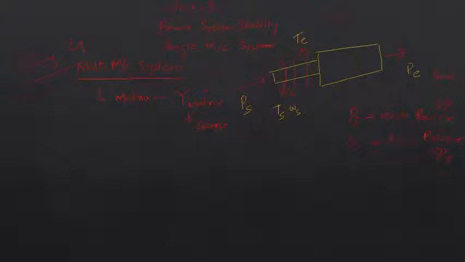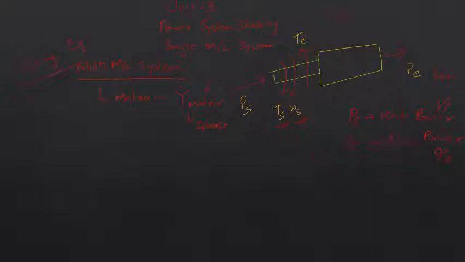Now this mechanical input develops a torque TS. As it is a generator, the omega s, or the speed of the rotor, will be in the same direction as the mechanical direction. So these two are in the same direction. Similarly, the electrical power will oppose the mechanical power, because every action has an equal and opposite reaction.